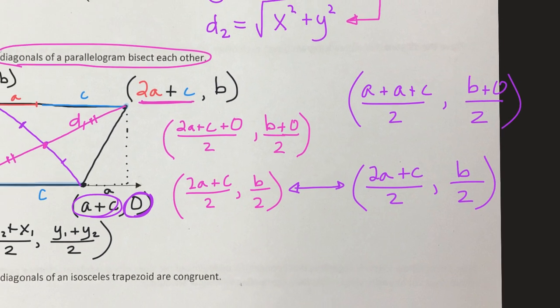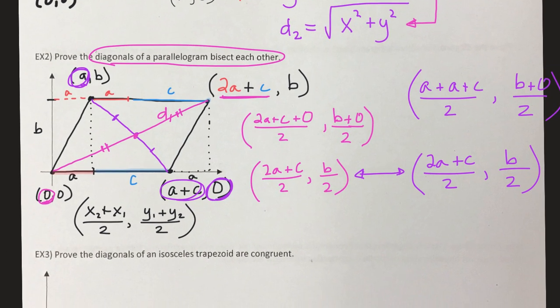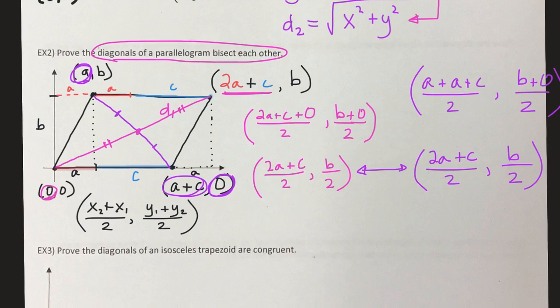It's kind of an aha moment, right? This works out just fine when we put in the correct coordinates. So picking your coordinates is the hard part, because you have to make sure that your things are equal. You can't just go any random length and have it be a parallelogram. You have to do it specifically with specific lengths. In this case, specific letters.